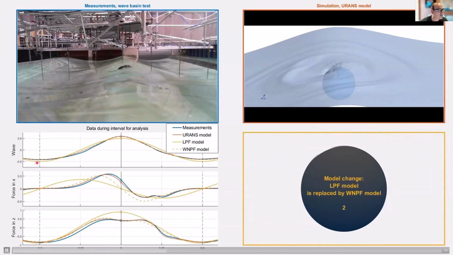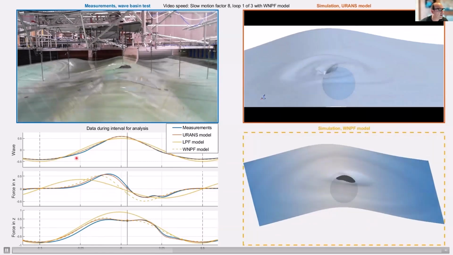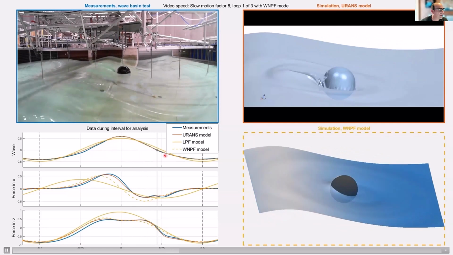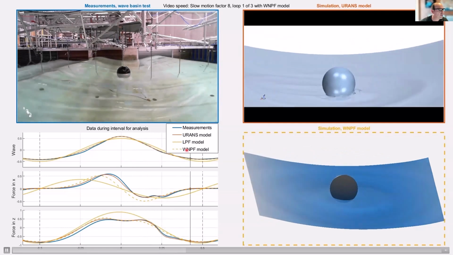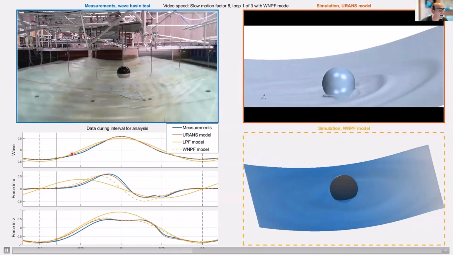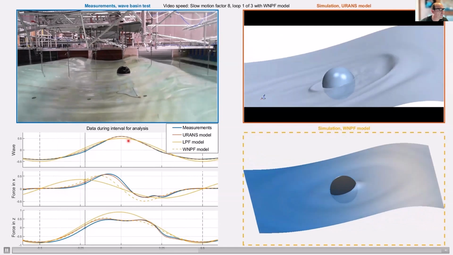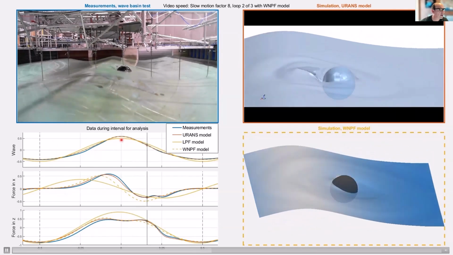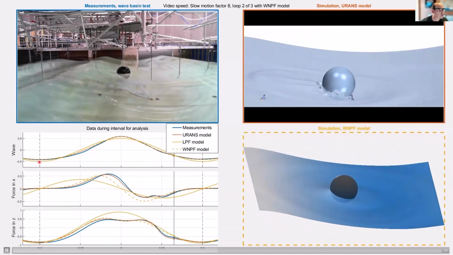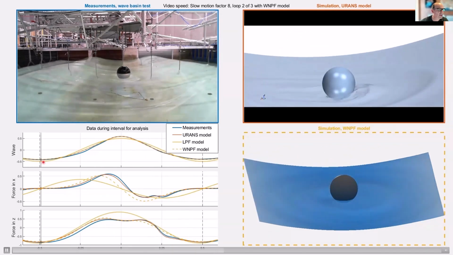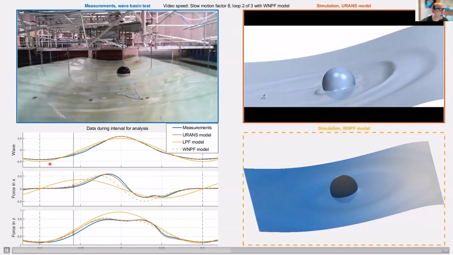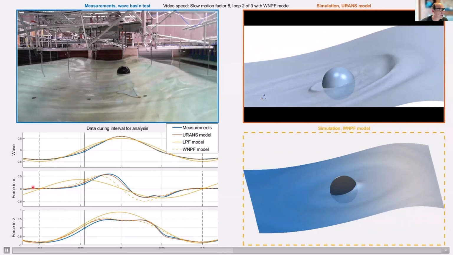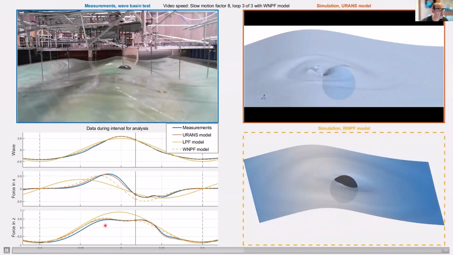The upper one is for the wave, where we can see that this linear potential flow model, the orange curve, is deviating a bit from the measurements. We can see that the crest is not high enough and the trough is too deep. That's a limitation of that one. The two lower graphs here are the horizontal force and the vertical force.